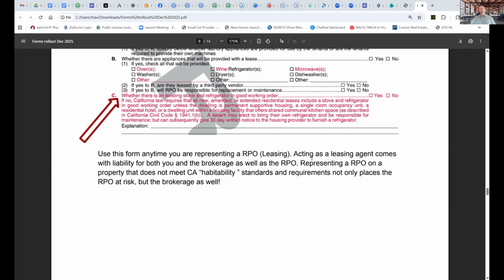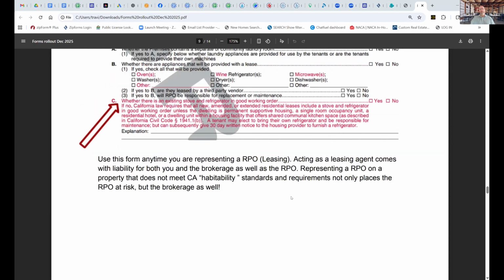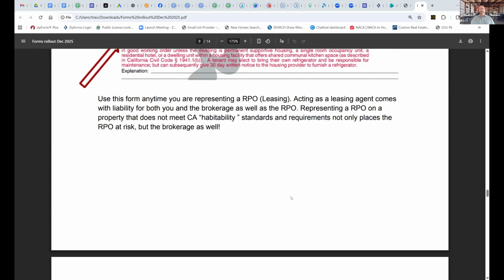If you walk in the home and you see it is not being maintained properly, the tenant is going to come to us as well as the landlord. So keep that in mind when you're doing these leasing properties on both sides, but especially if you are taking a lease listing, this falls on us too. So we need all the paperwork to be straight, and we need this rental property intake form as well.